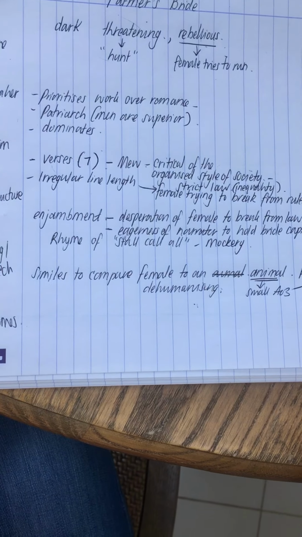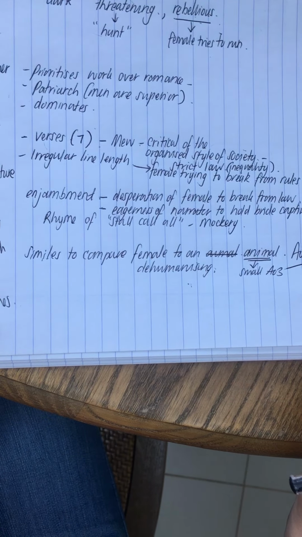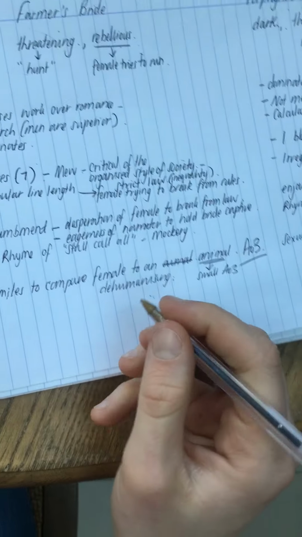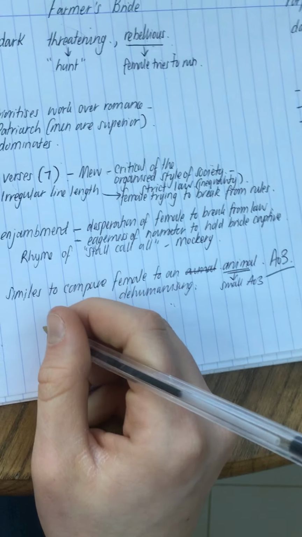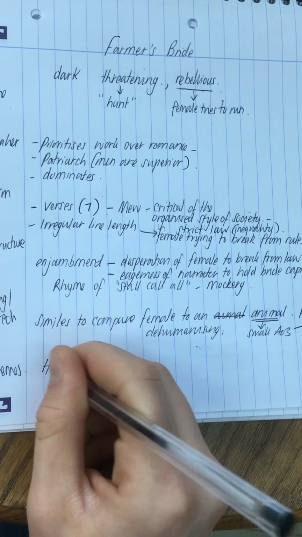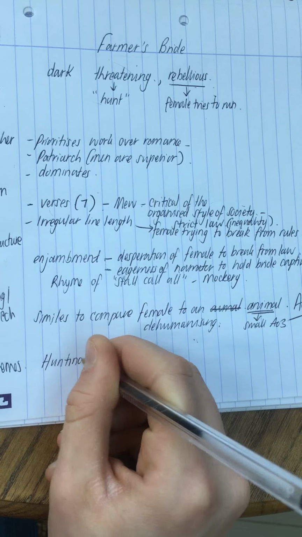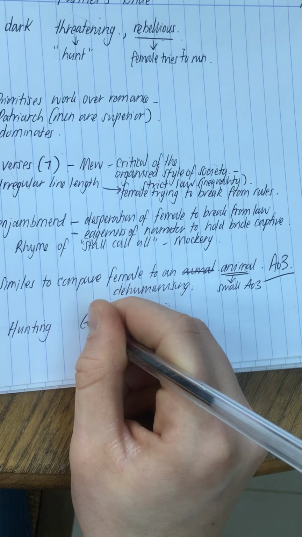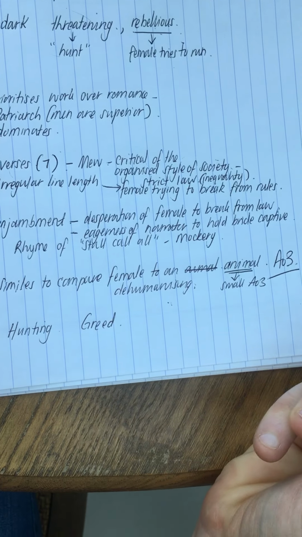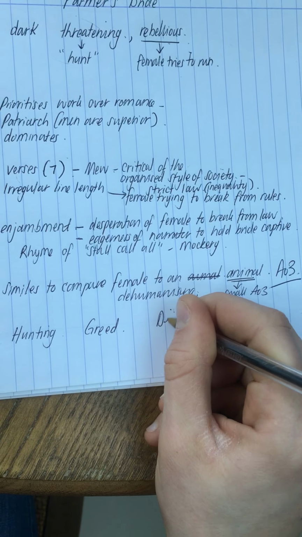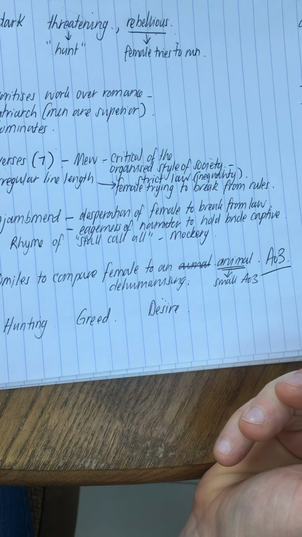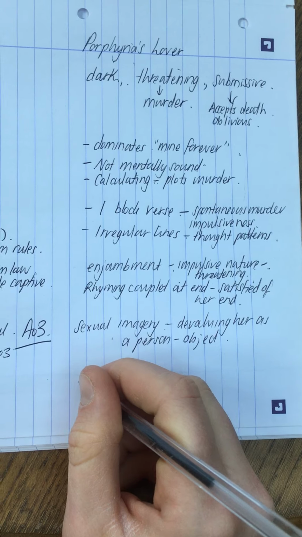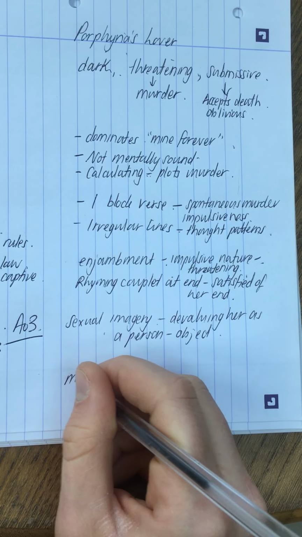Okay, then we have the themes. We have the themes in Farmer's Bride such as hunting, greed, desire. In Porphyria's Lover, we have the theme of murder.